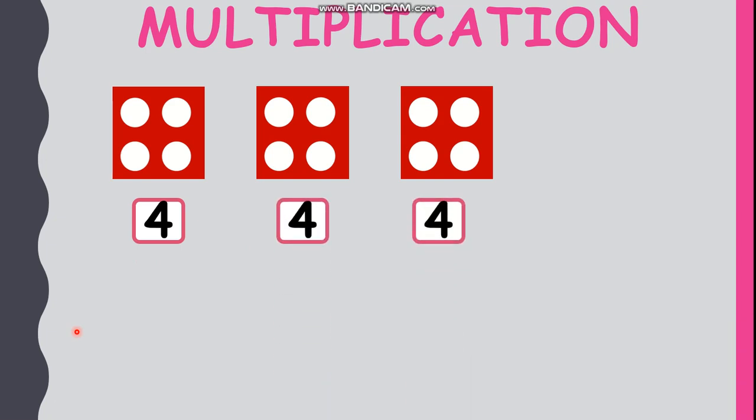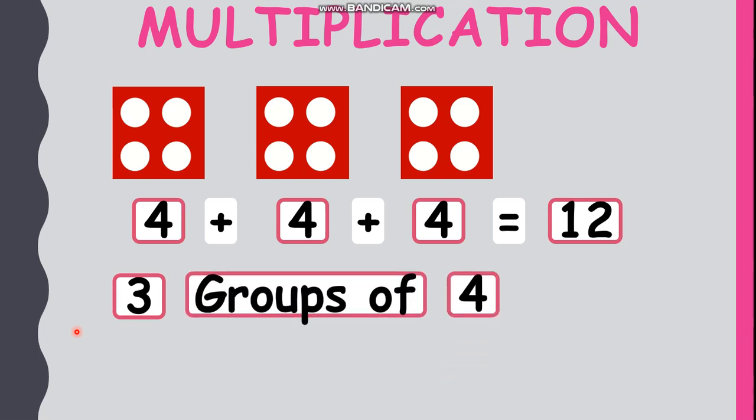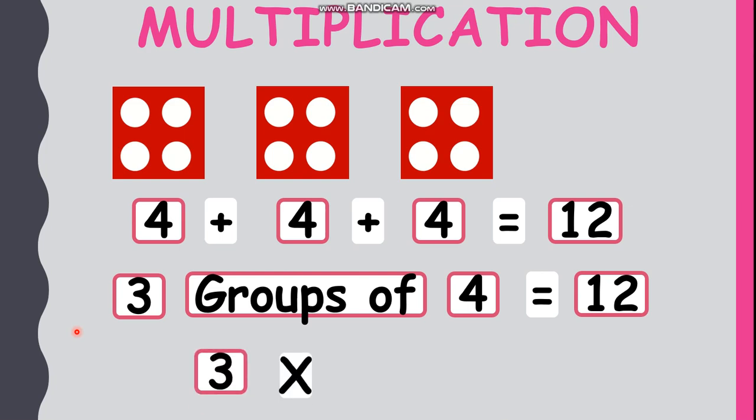Well, you could add them: 4 plus 4 plus 4 equals 12. But this way is too slow, and you know how to do it in a quick way. So you can say there are 3 groups of 4 equals 12, or you can say 3 times 4s are 12.